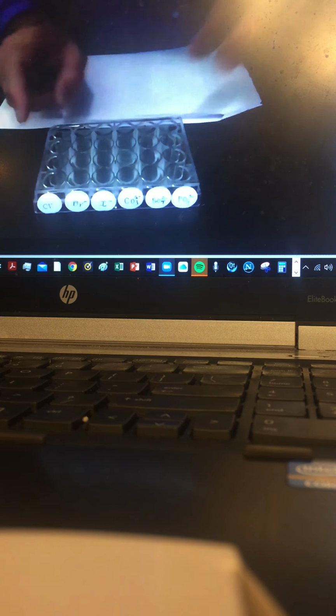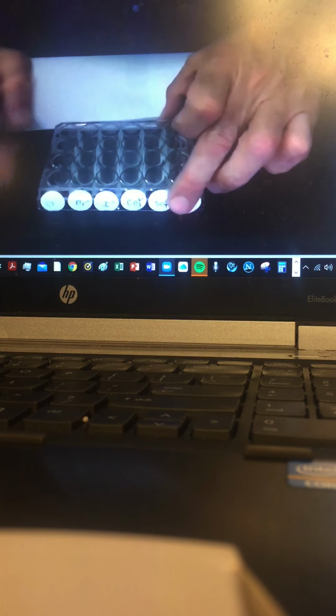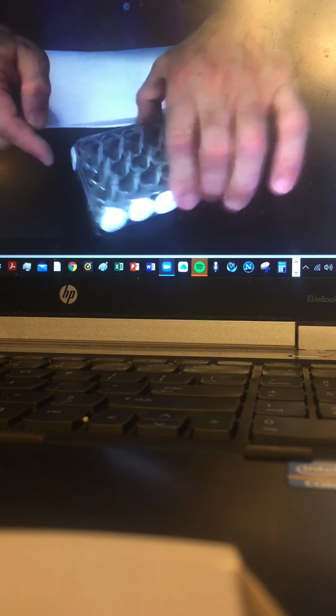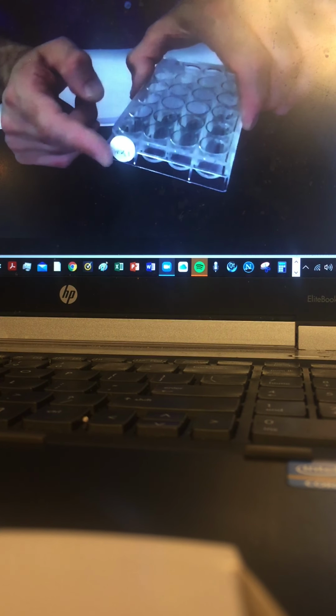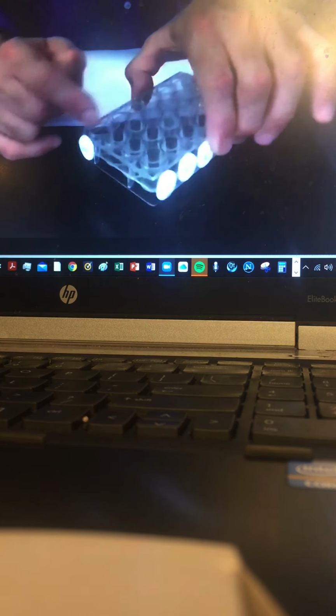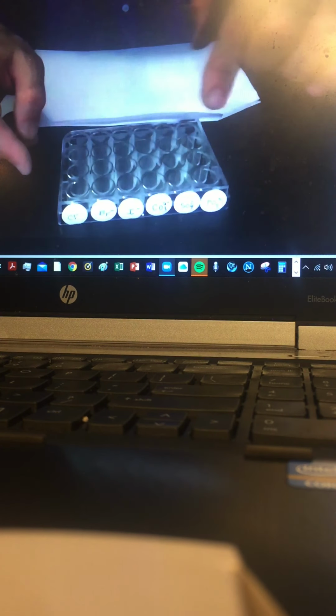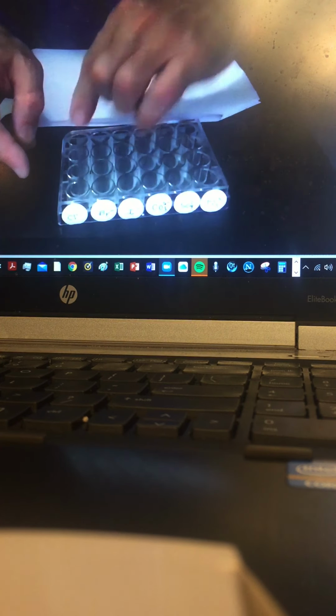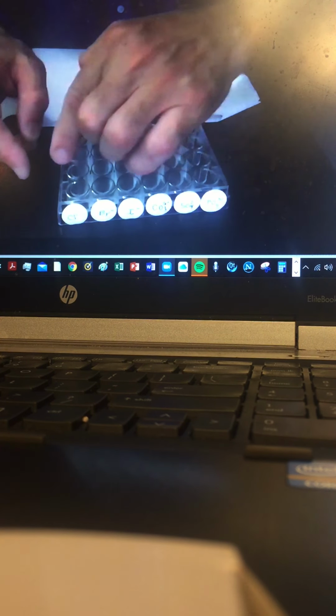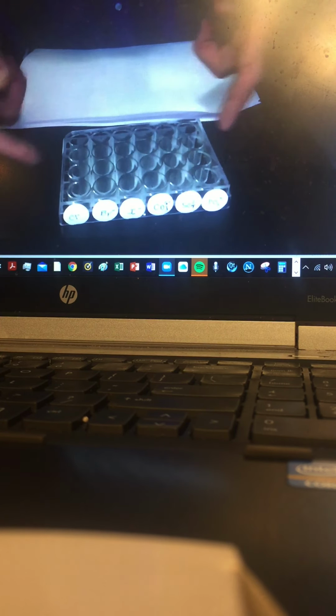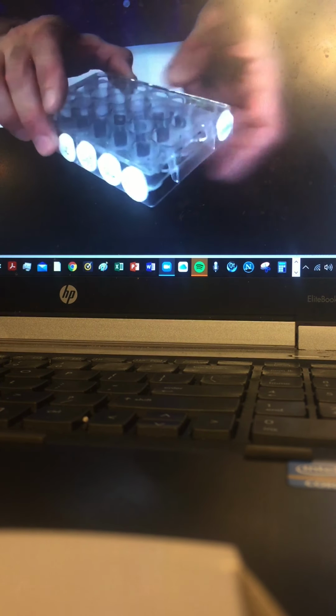On your side, the left-hand side, this is unknown 1. I'll be inserting a tube to check on unknown 1 for any given test. So if I'm testing for the existence of halide, I'll be doing all these six solutions, including unknown 1 and unknown 2. Unknown 2 is located on the right-hand side.